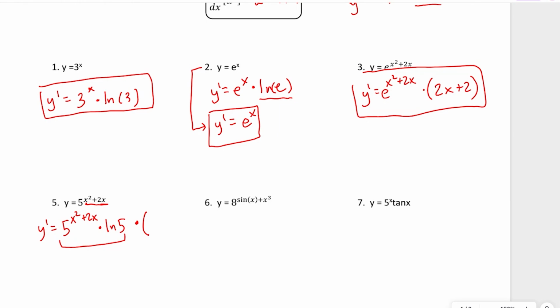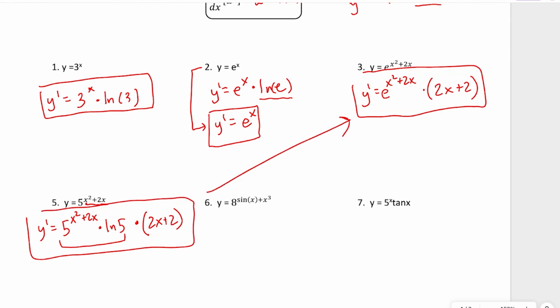So that'll be in parentheses here, 2x plus 2. It's solved very similarly to how we did e to the x squared plus 2x. The only difference is you're not going to see the natural log of e written here because the natural log of e is 1.